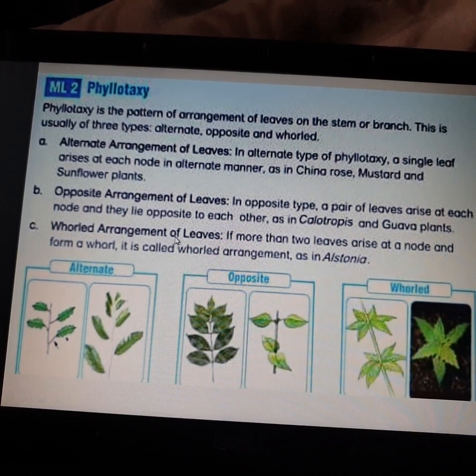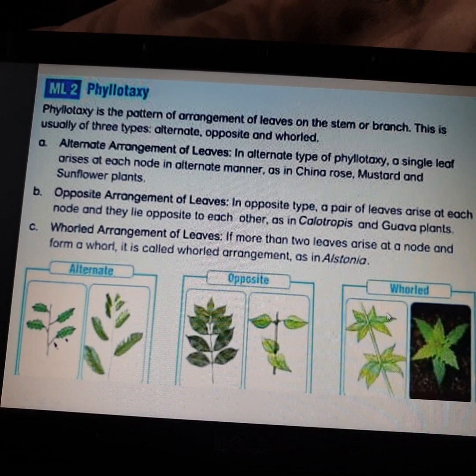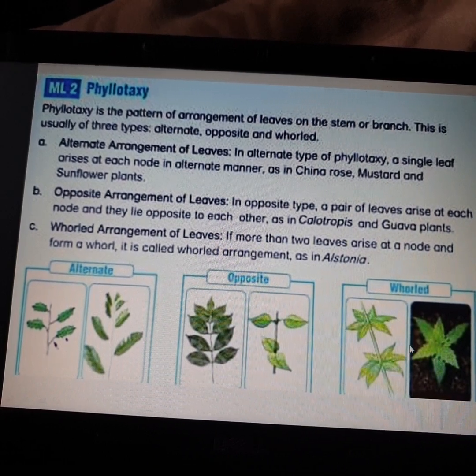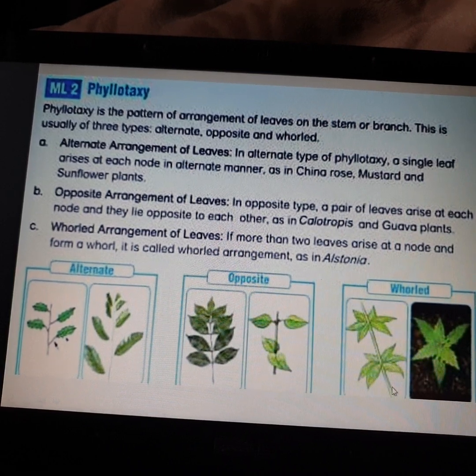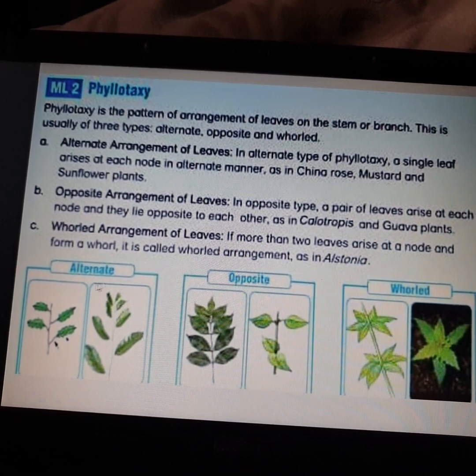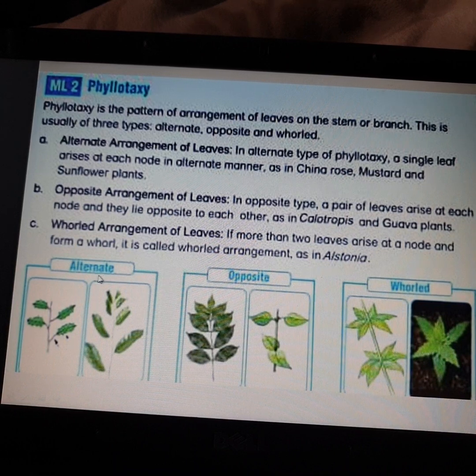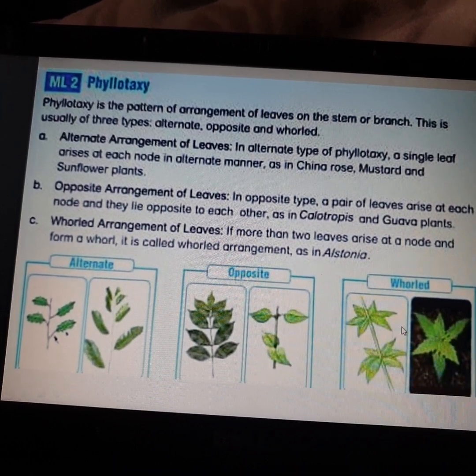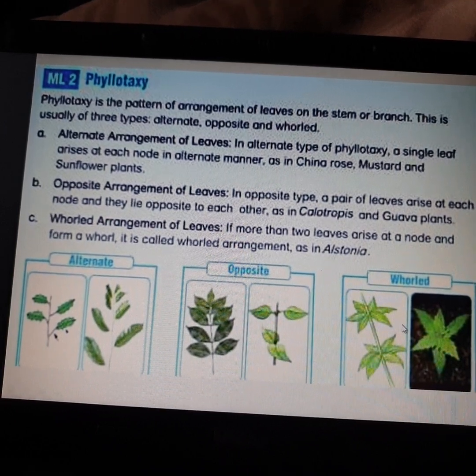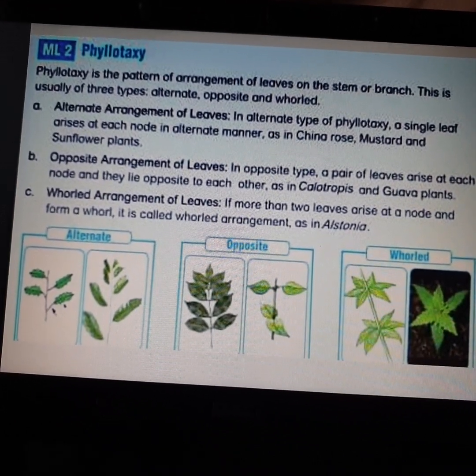And for whorled, there is Alstonia. These are the Alstonia leaves which will be on a single node. So when you go to the garden, you may 100% find these two types, that is alternate and opposite, but this one is not common, so you can see this when you go to some gardens.